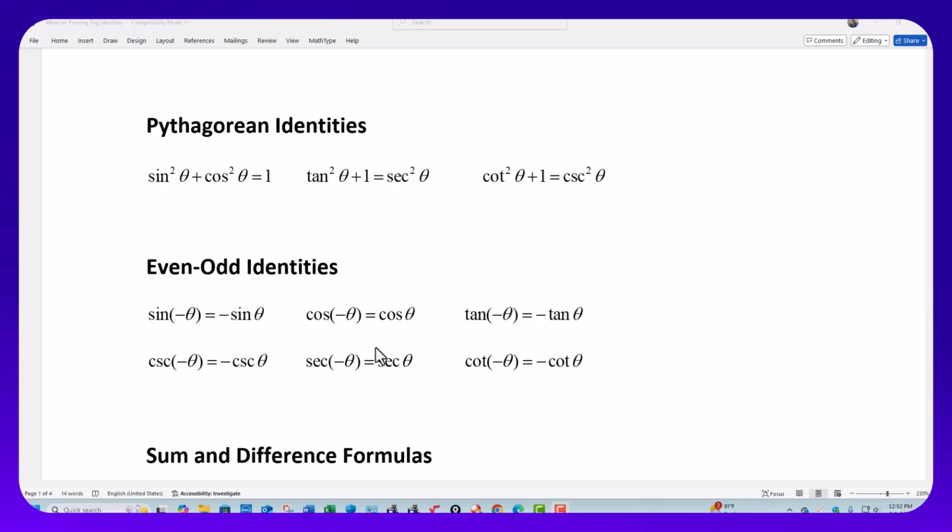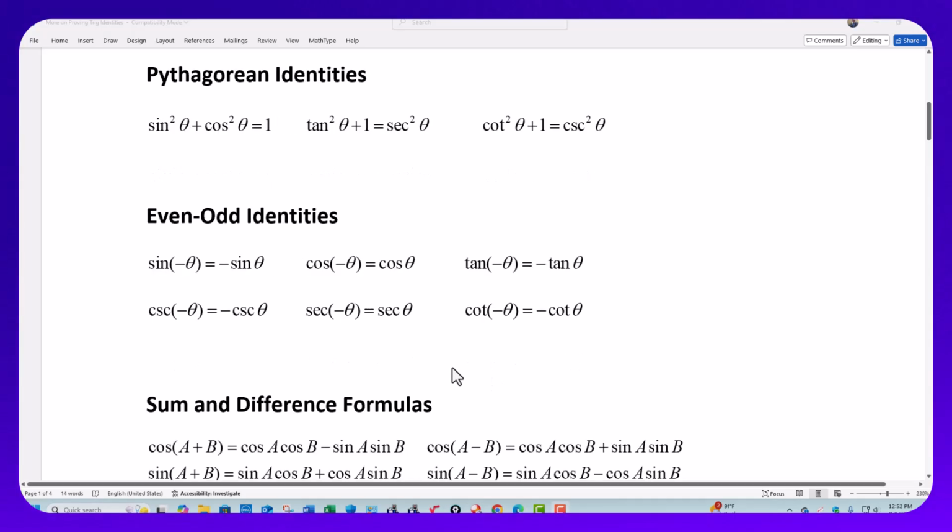So cosine and secant are even. If you get the opposite, like sine of minus theta is equal to minus sine of theta, same thing for the cosecant, the tangent and the cotangent, those are odd. So the only trig functions that are even are cosine and secant, and the others are odd.